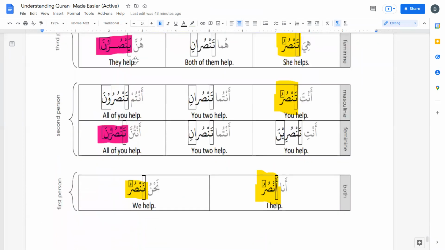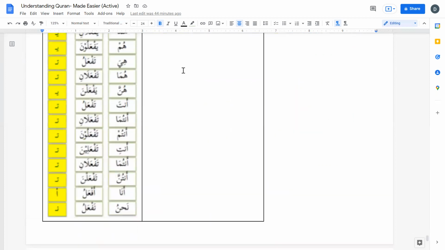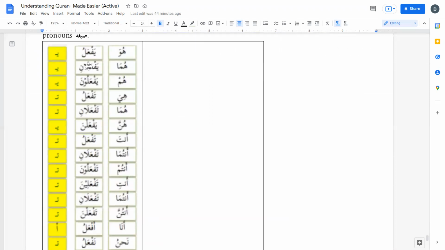And then we learned that within these 14 pronouns, we have three categories. The one category always ends in dhamma in its regular or rafa form. That category is yaf'alu, taf'alu, af'alu, naf'alu.